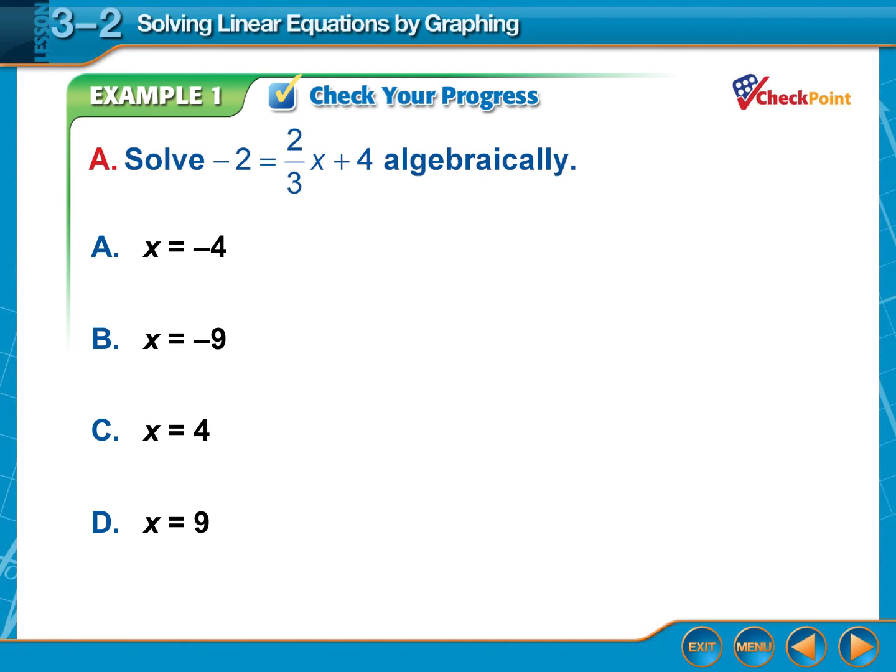So, we want to solve this algebraically. What does it mean by solve algebraically? What's our goal? Find x. Let's get x by itself. What do we do when we see a fraction? We don't like fractions. Multiply by the denominator to everything, right? Times 3, times 3.